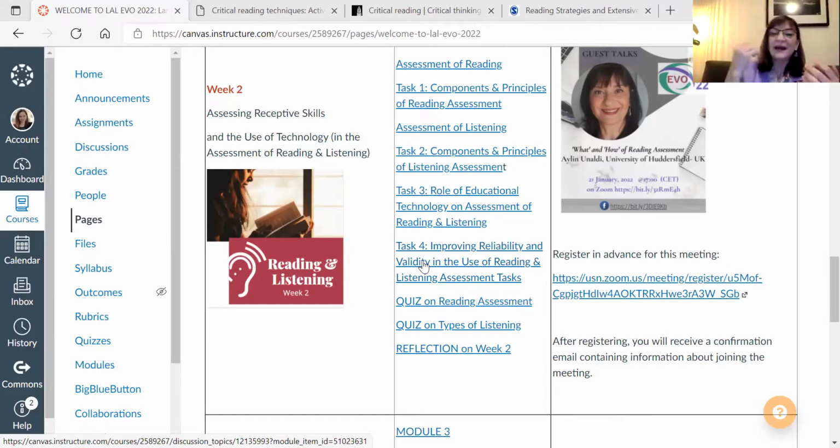Item format is not a must. It's a secondary thing in reading assessment. What is important is the skill that you want to test and the types of processes that you want to trigger with that task. And you can choose any item format that can go with this.